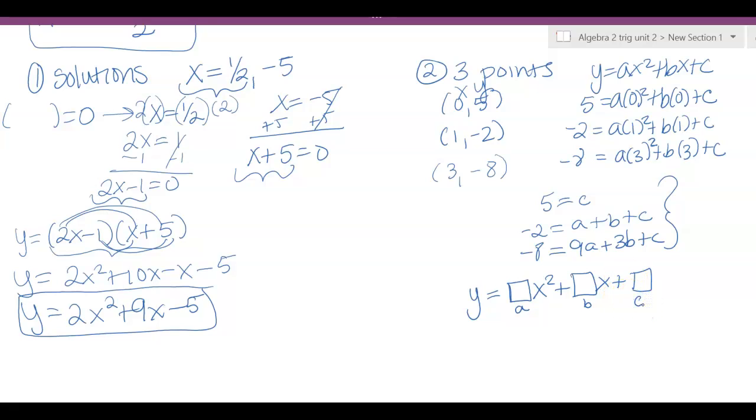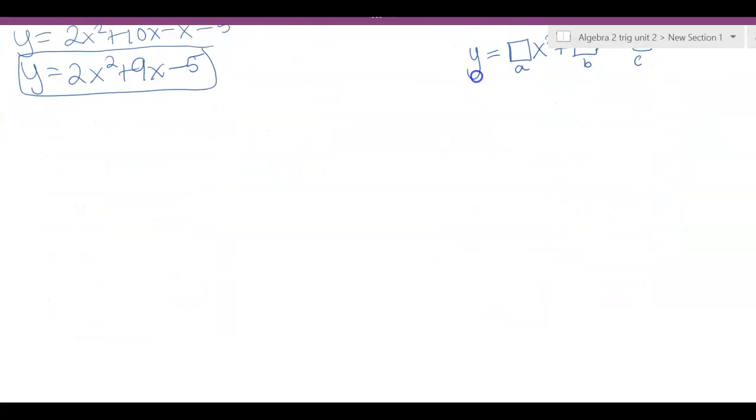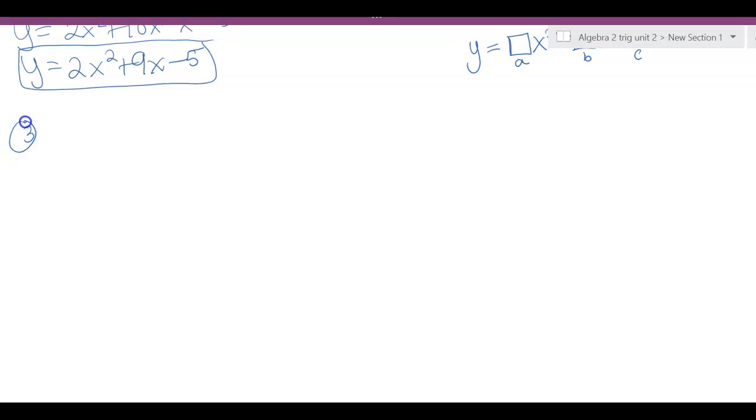The third way I'm going to talk about building an equation is if they give you the vertex and a point. So let's say they told us that the vertex is at -2/3, 4, and that it passes through a point 1, -3.